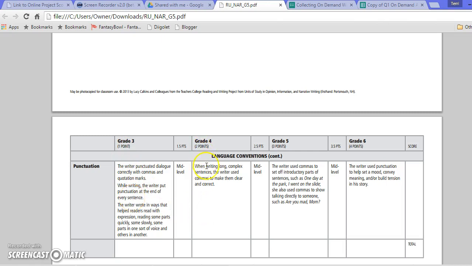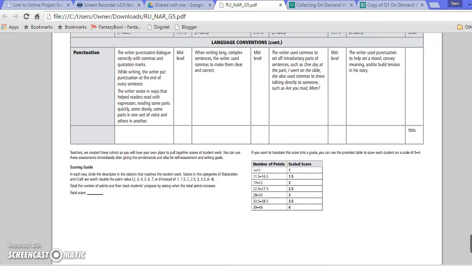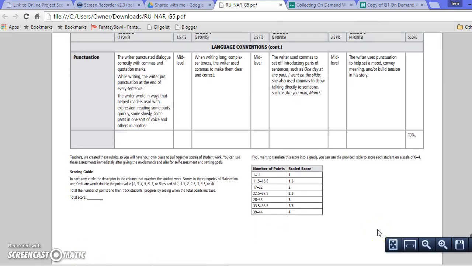A score of a 2 would indicate they would be doing these things, which is a 4th grade level, and then 5th grade and up to 6th grade, and those are the point values that are related to those expectations. And then the rubric totals all of those point values up, and that reflects what grade level the student is indicating they are currently writing at this time.